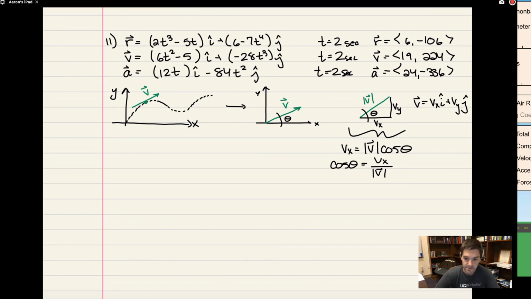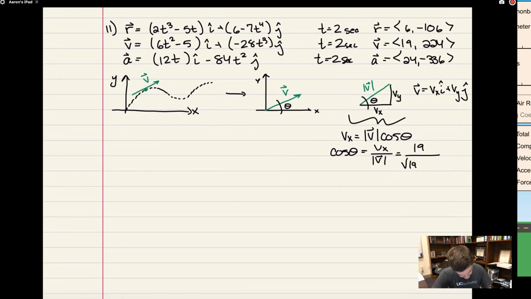Vx we already know is just 19. The magnitude we could calculate. So this would be 19 divided by the square root of 19 squared plus 224 squared. That thing on the right-hand side is just a number.